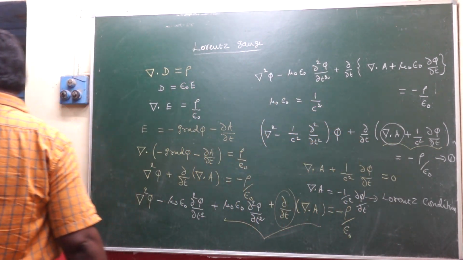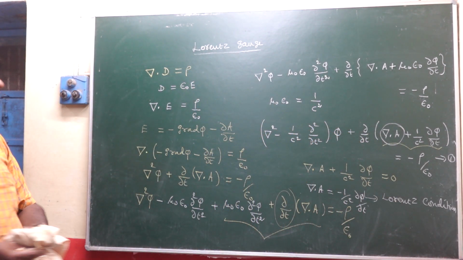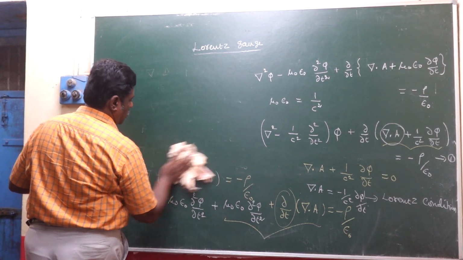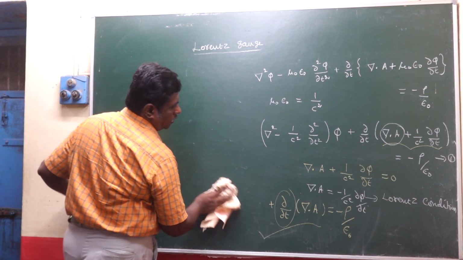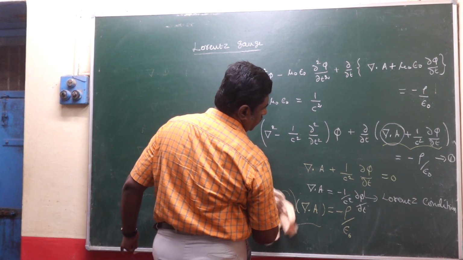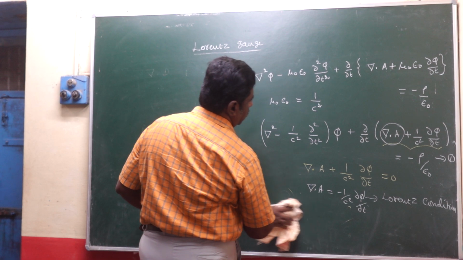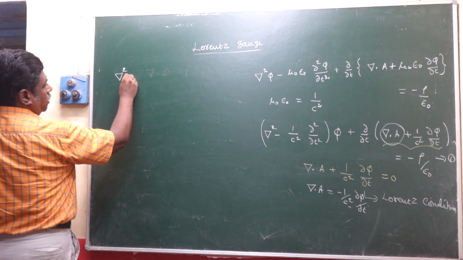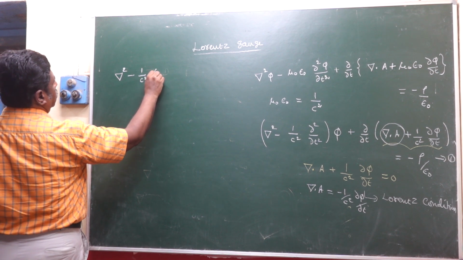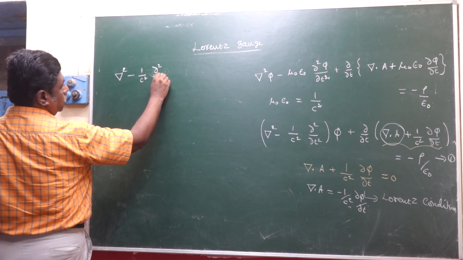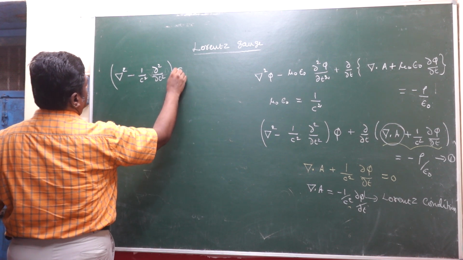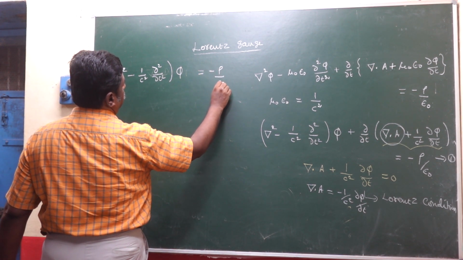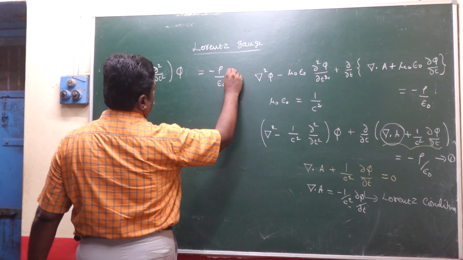Then the above equation is reduced as: this equation is modified as del square minus 1 by c square dou square by dou t square, entire is operating on phi equal to minus rho by epsilon naught. Say this is equation 2.